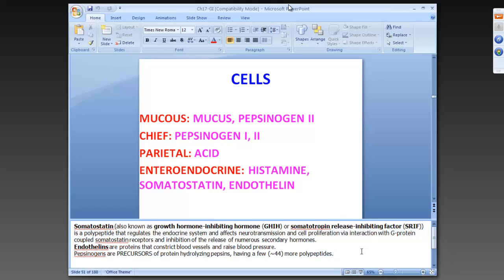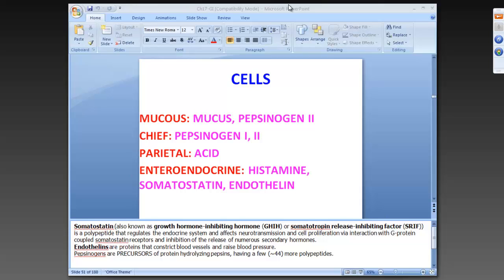release-inhibiting factor, is a polypeptide that regulates the endocrine system and affects neurotransmission and cell proliferation through interaction with G protein-coupled somatostatin receptors and inhibition of release of numerous secondary hormones.